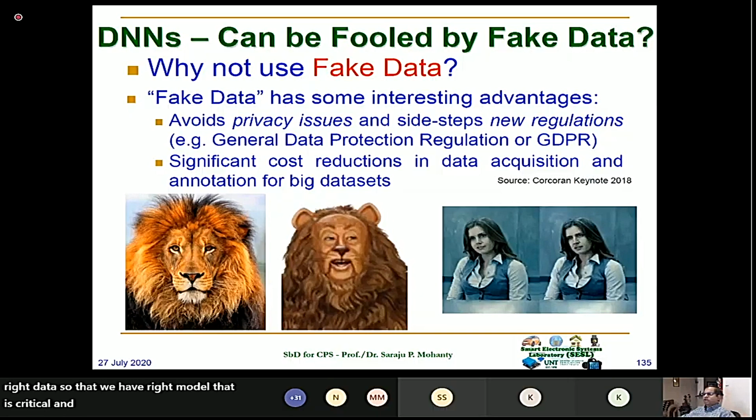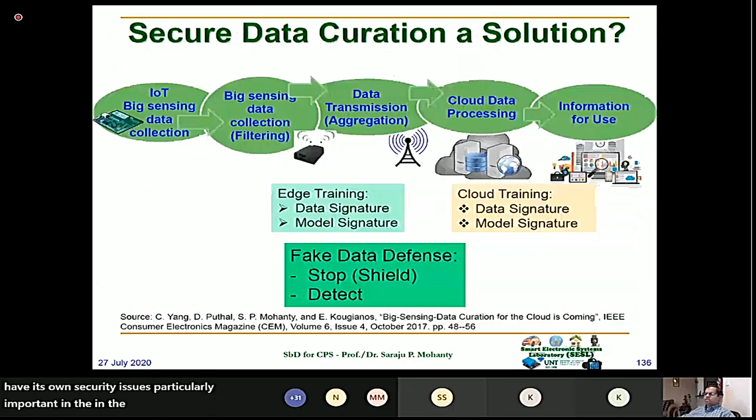And AI and security need to work together so that the overall CPS is a very good CPS. I have also mentioned how AI can have its own security issues, particularly important in the context of autonomous vehicles.